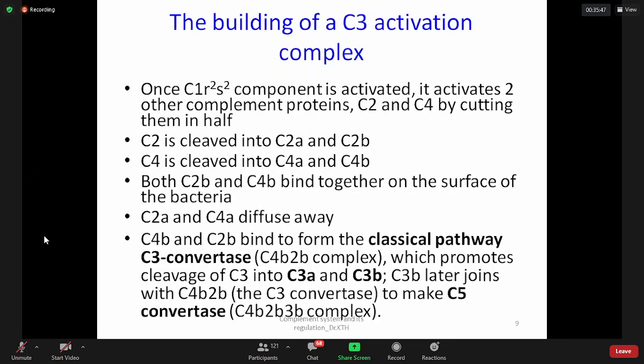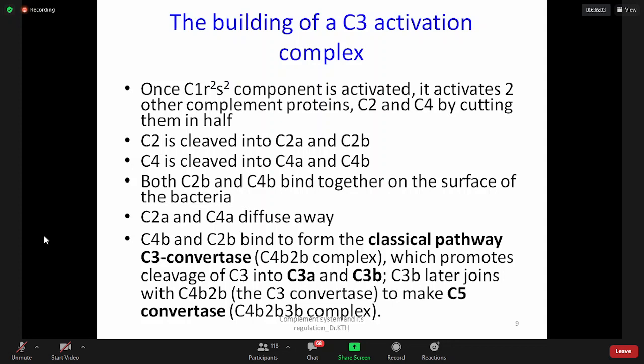Okay, so these complement proteins are usually named Cs, C for complement. So we have a C1, a C2, a C3, a C4, a C5, C6, C7, C8, and a C9.